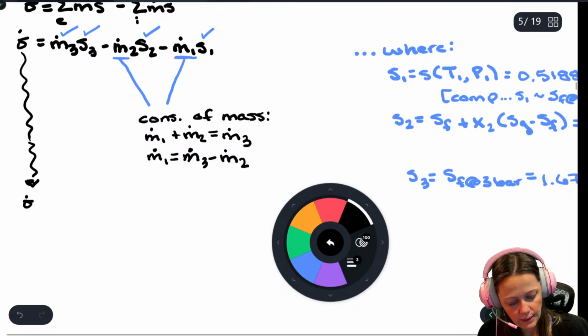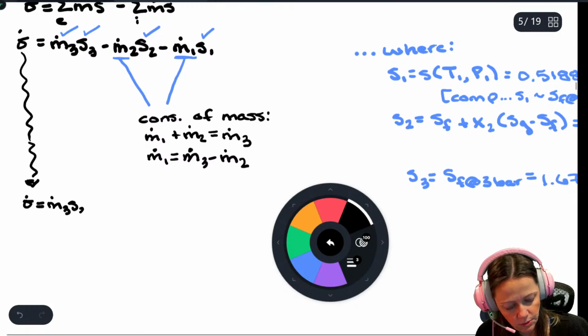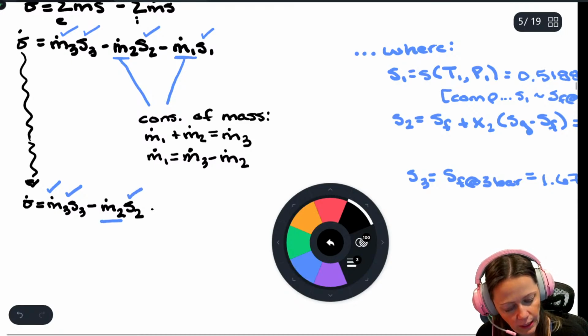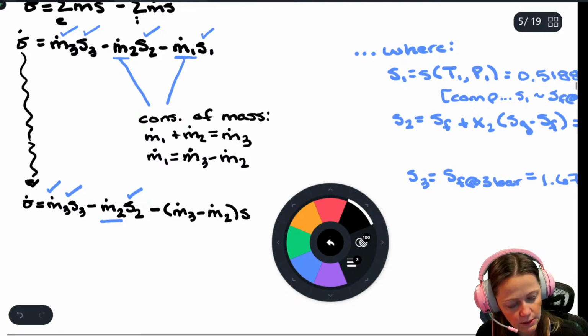So I've got sigma dot equal to m dot 3 S3, keeping track between this guy and this guy, minus m dot 2, which I don't happen to know, but I do happen to know S2, minus m dot 1, which is m dot 3 minus m dot 2, times S1.